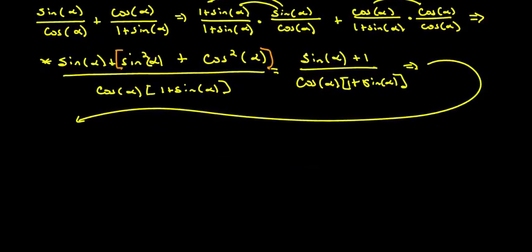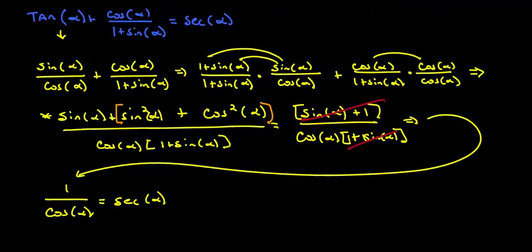Now here, the numerator, this piece, and the denominator cancel out because they're the same. So that's going to give me 1 over the cosine of alpha, which we know is the same as the secant of alpha. And that's what we're trying to prove.